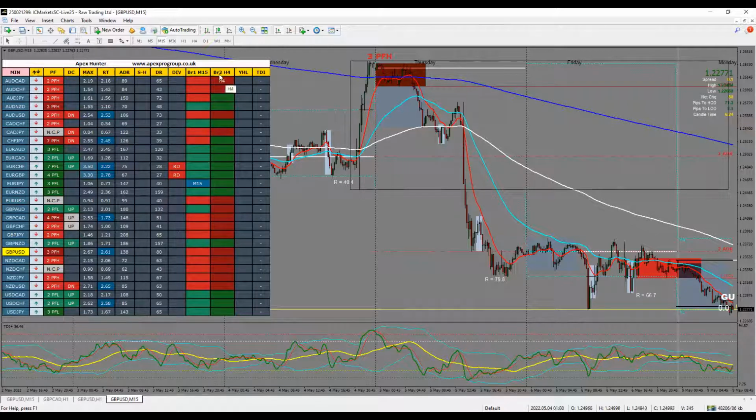So this first column is the current time frame that we're in, and obviously this one is the H4. If it's bigger than the other one and darker, that's likely your H4 breaker.